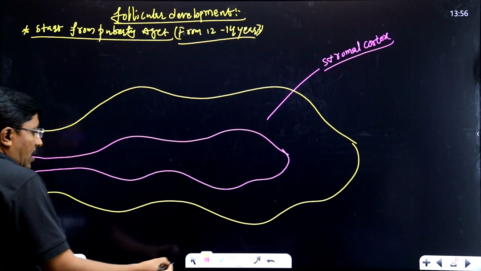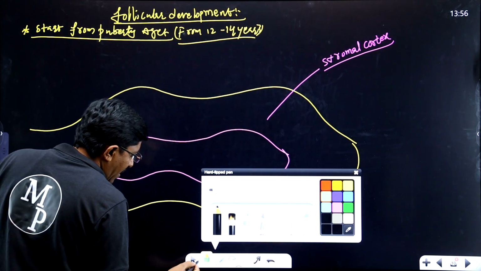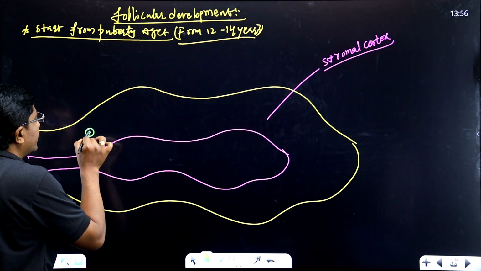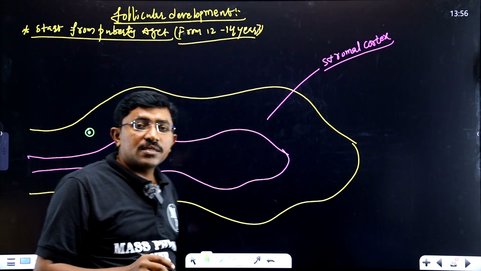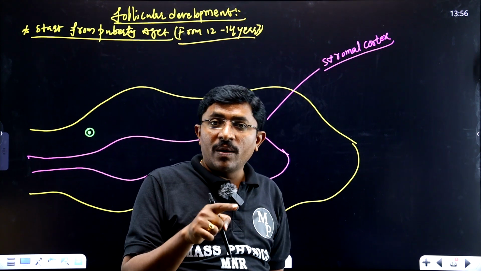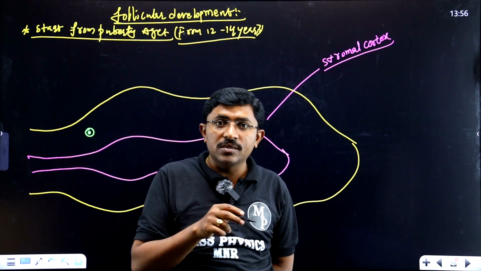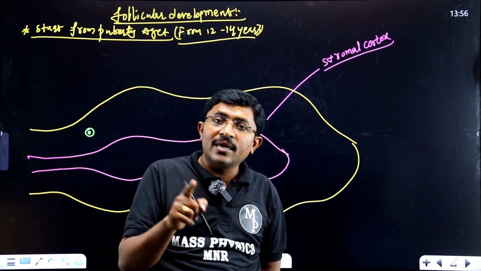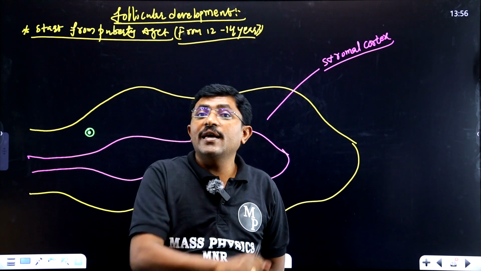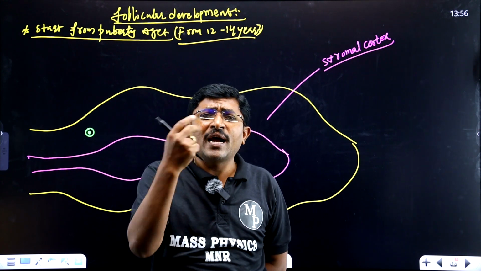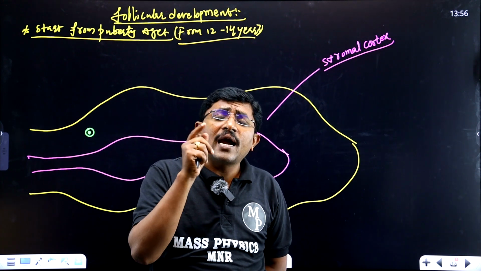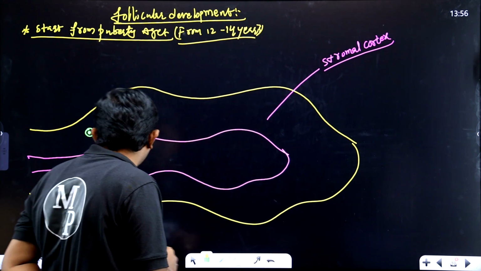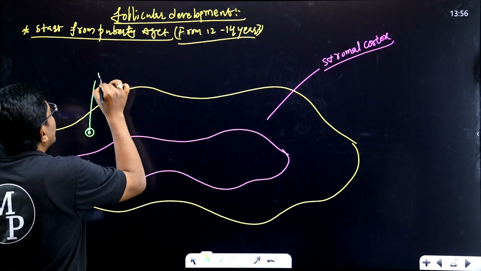Right. Here the primary follicles are found. These are the primary oocytes. Once the primary oocyte has completed its growth phase, it gets surrounded by one layer of follicular cells, simply granular cells. The granular cells are called follicular cells here. See, this is the primary oocyte.